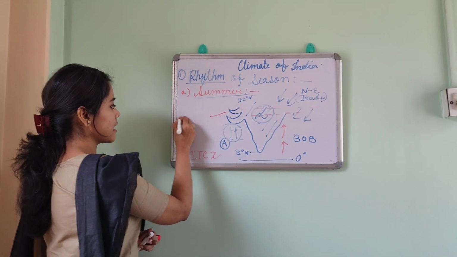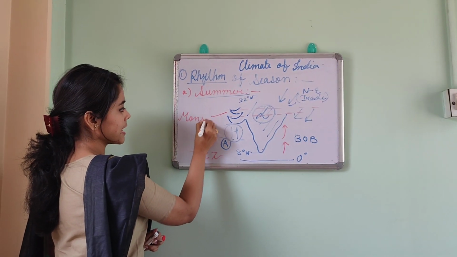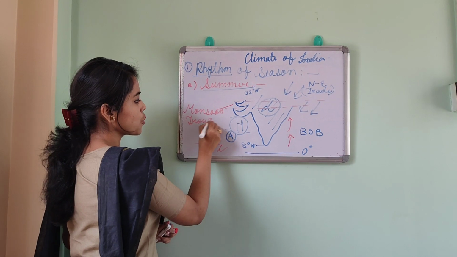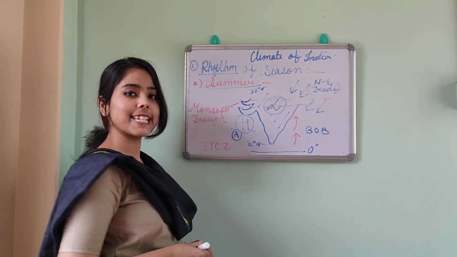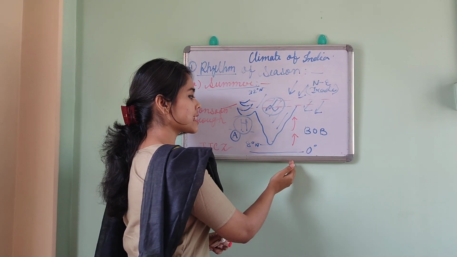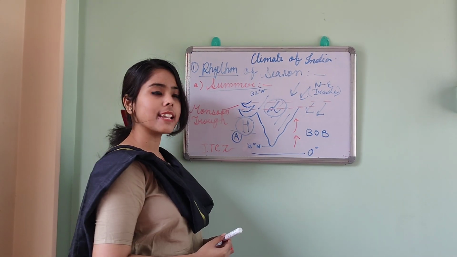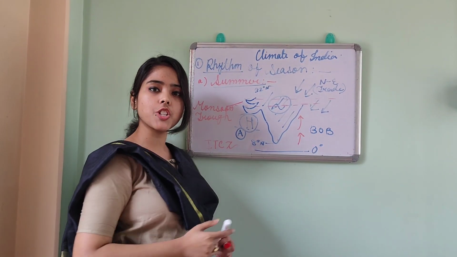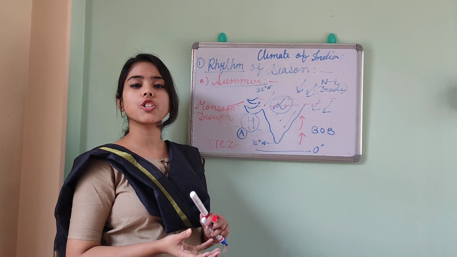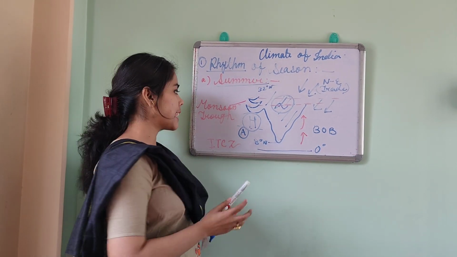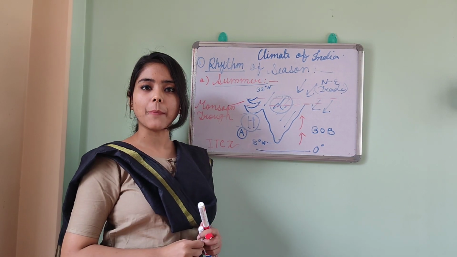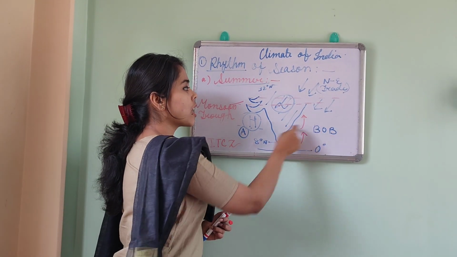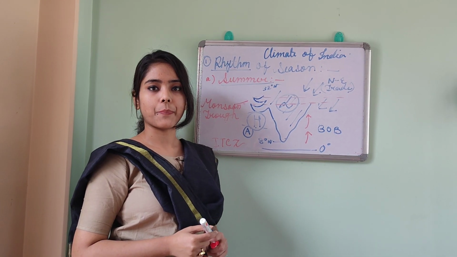That is another important question. What is monsoon trough? When the ITCZ starts moving to the northern side and covers the whole Gangetic region and turns this region into a low pressure belt, then it is known as monsoon trough. It also experiences high temperature over here.